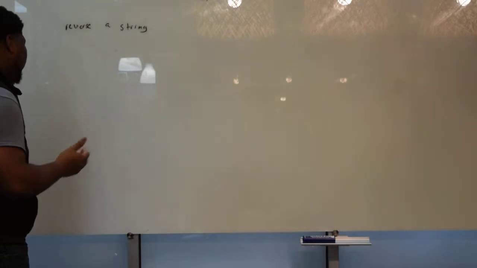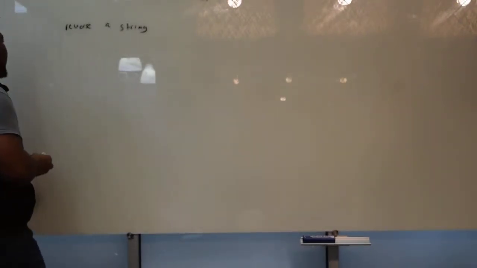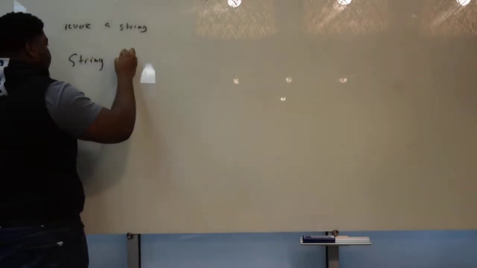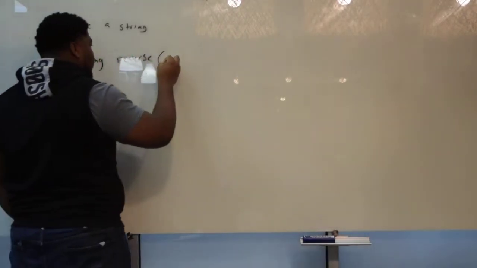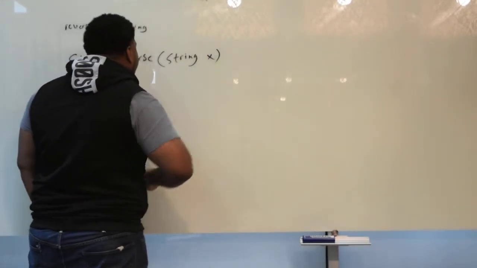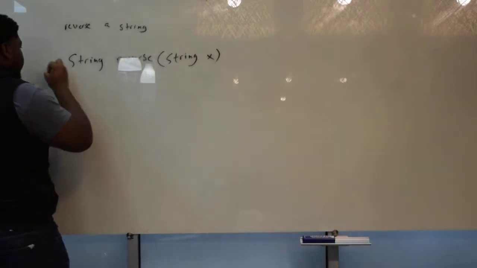But it's like 3 lines. So if we have a string reverse, it takes in a string x, public.